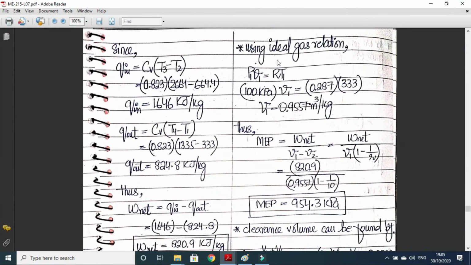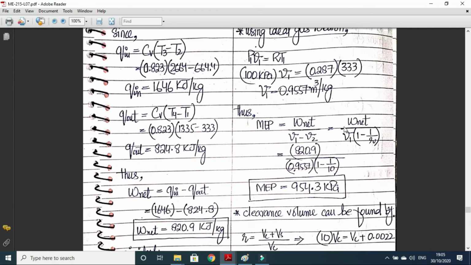Now using the ideal gas relation P1 V1 is equal to RT1, we can calculate the specific volume at point 1. V1 will be equal to 0.9557 meter cube per kilogram, because P1 is known, T1 is known, and the R value for air is known. The mean effective pressure will be the specific net work output divided by V1 minus V2, and the volumes are also specific.